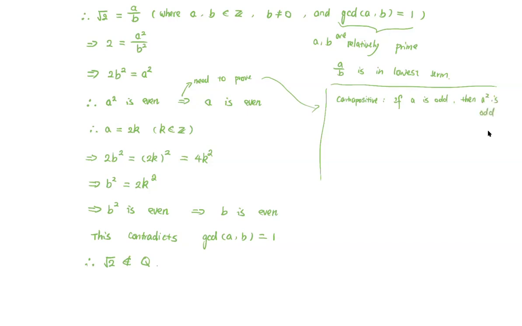Okay, so suppose a is odd, which means you can write a equals 2k plus 1, where k is an integer.